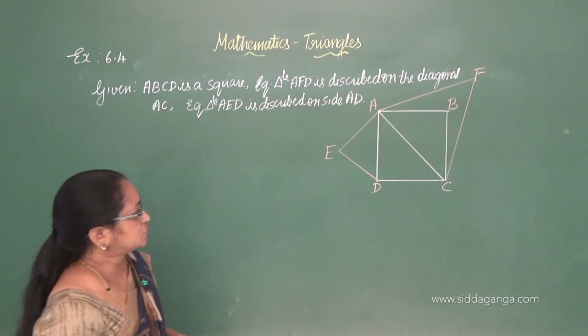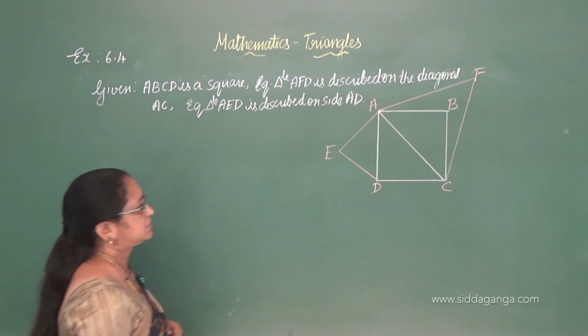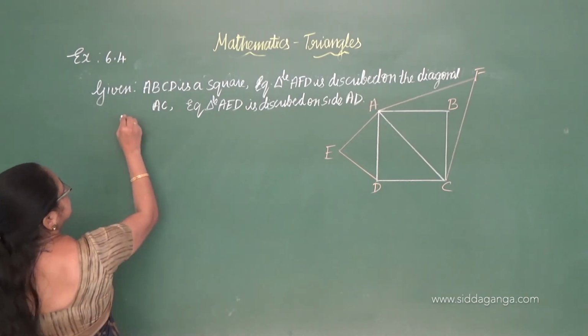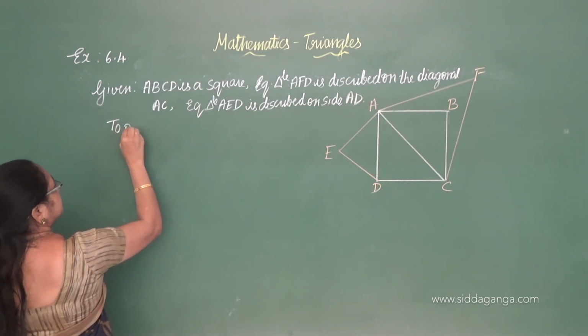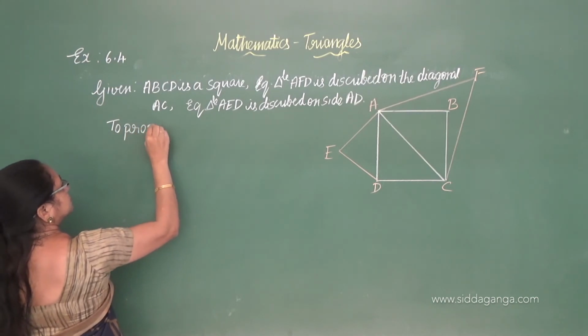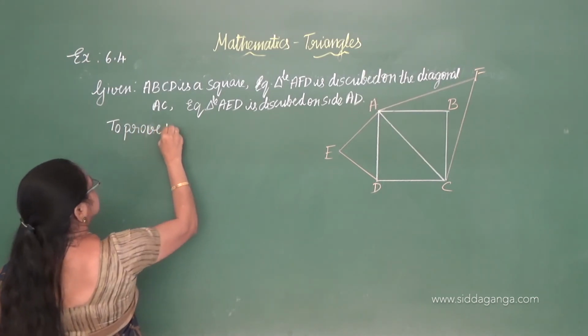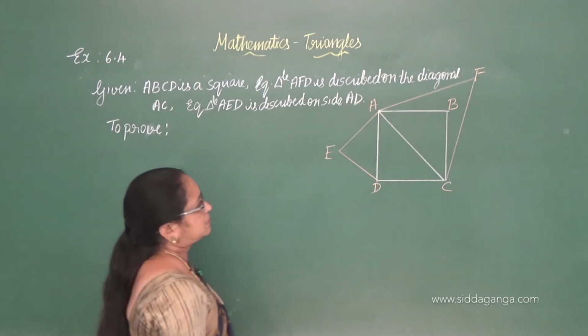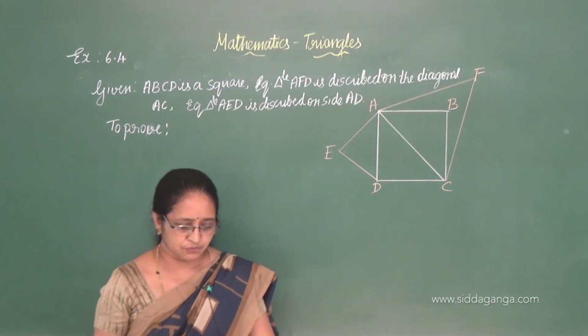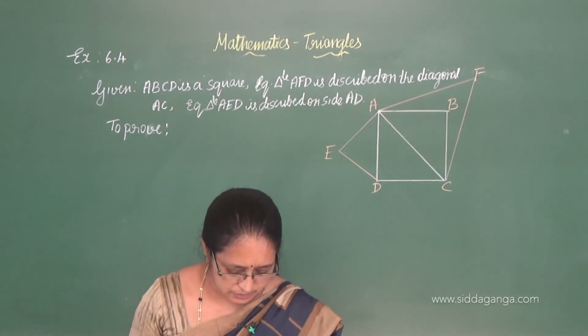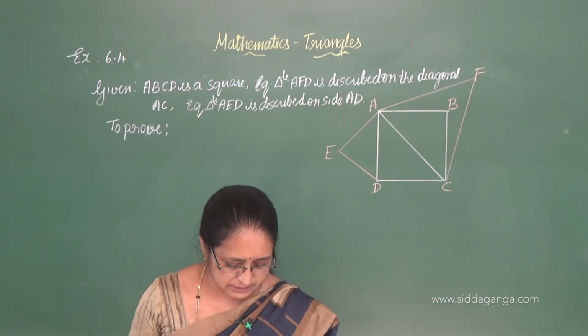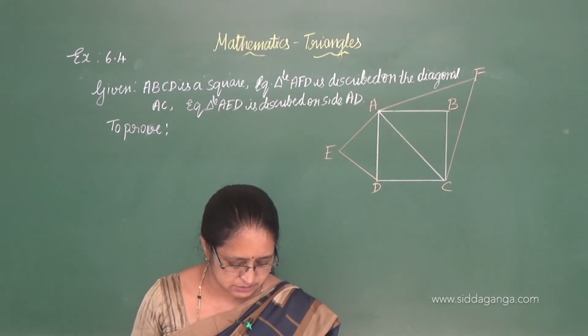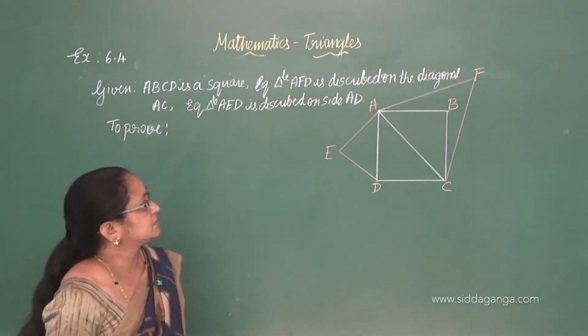So here you should note, okay, to prove, let us write first, I will explain. To prove, what do you have to prove? You have to prove that the area of the equilateral triangle described on one side of the square is equal to half the area of the equilateral triangle described on the diagonal.